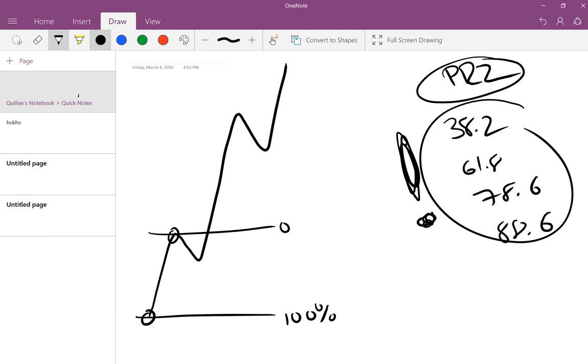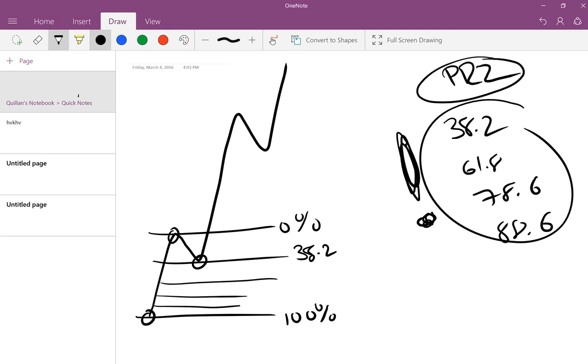Down here will be 0%. So let's say the market comes back down here. This right here is a 38.2 retracement level, which is basically the most aggressive retracement that you come across. Then there's 61.8, 78.6, and 88.6. So as the market fluctuates, if it bounces off of 38.2, you would get in on this counter trend right here at the 38.2 mark.